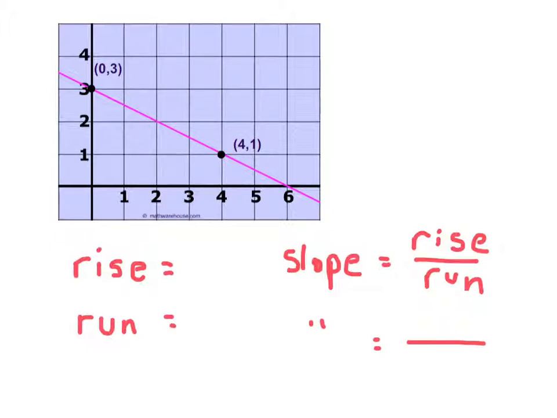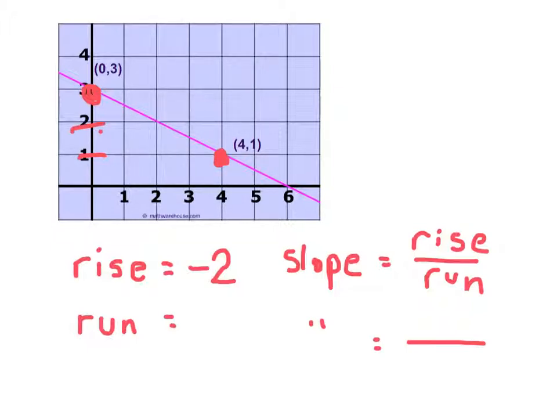Welcome back from pausing the video. Let's start with the rise, the difference in the y direction. y equals 3 at this point and y equals 1 at this point. So the amount of change was 2, and it's 2 in the negative y direction because it's going down. We went from 3 to 1, so we would have to subtract 2.